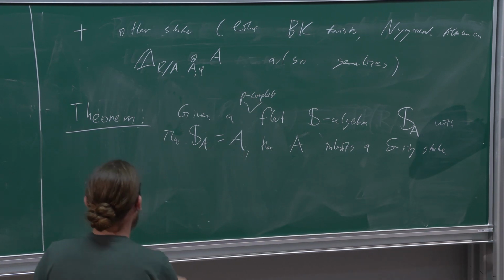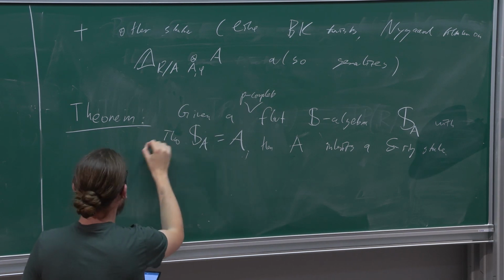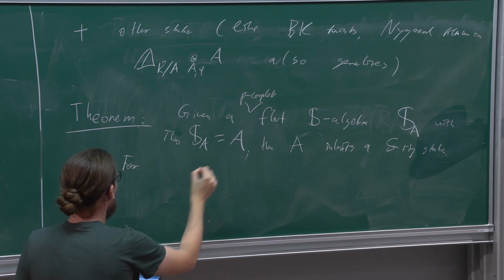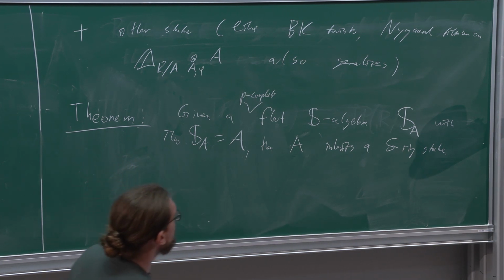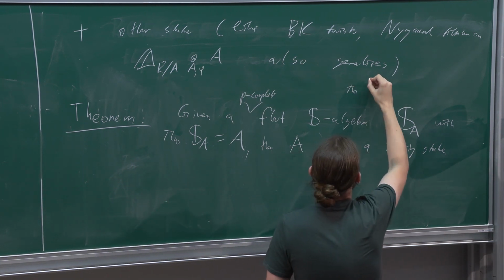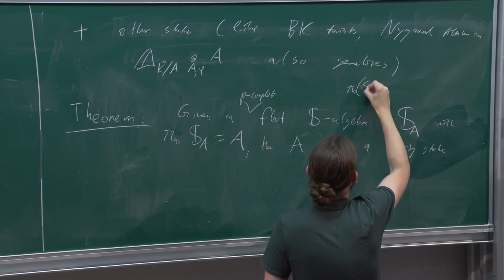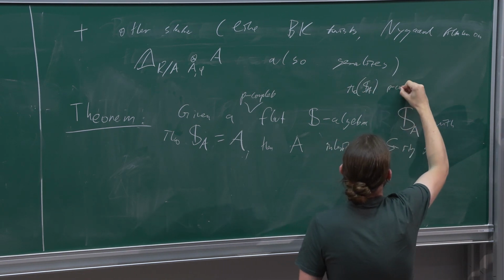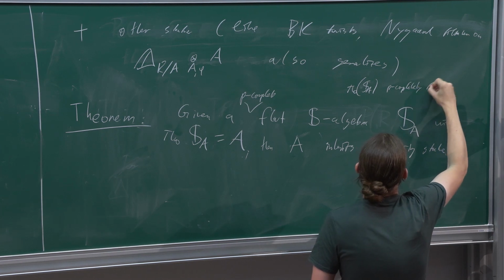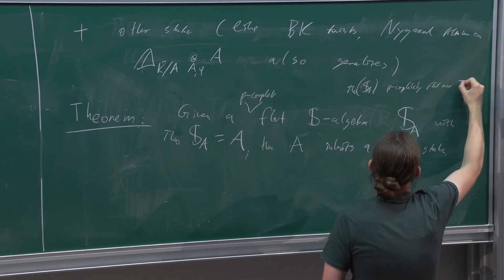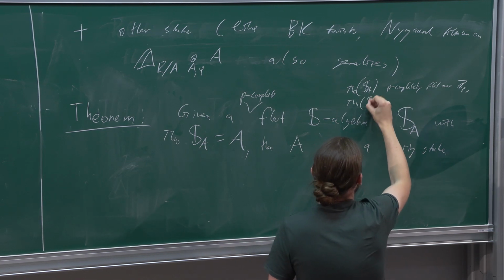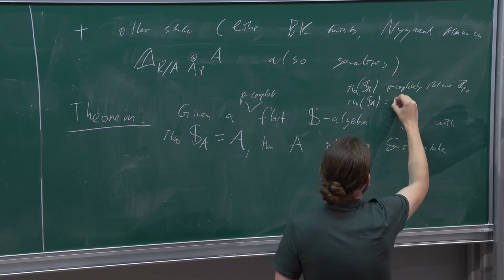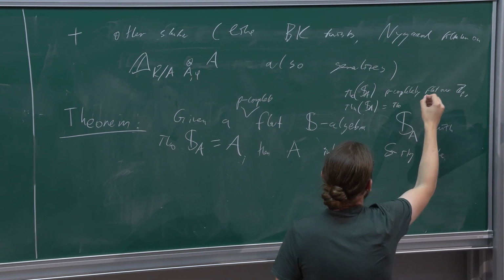And now, what does it mean flat in this context? Flat means pi 0 SA is p-completely flat over ZP, and the higher homotopy groups are just base changed from pi 0.